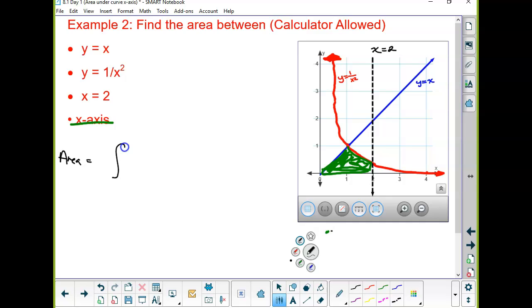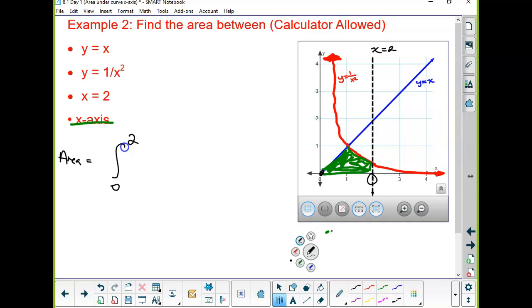So look at our bounds. Well, what's our first bound? Where is the lower bound going to be? 0. Right there at 0. Where's the upper bound? 2. And then what's the first equation? It's a little bit different, right?